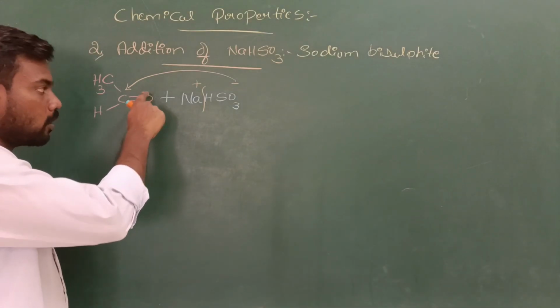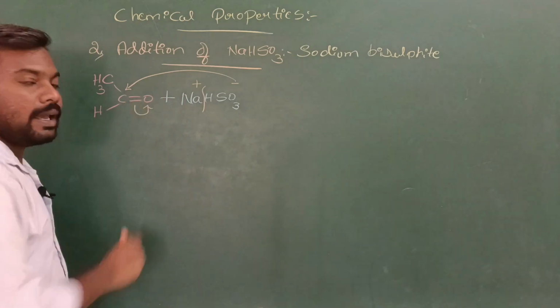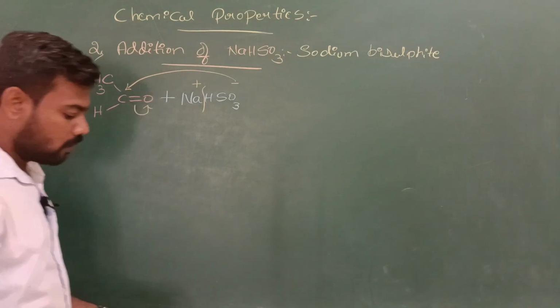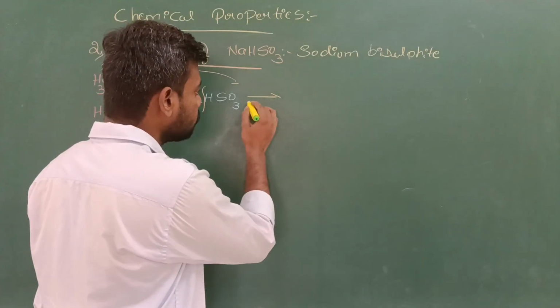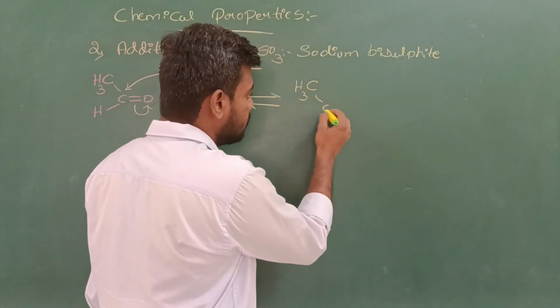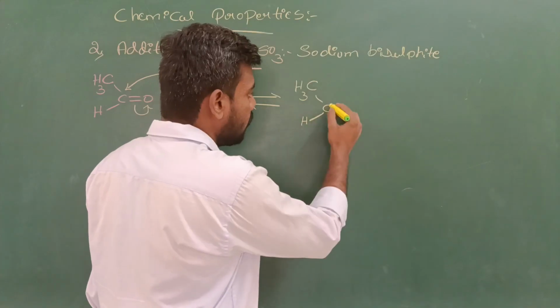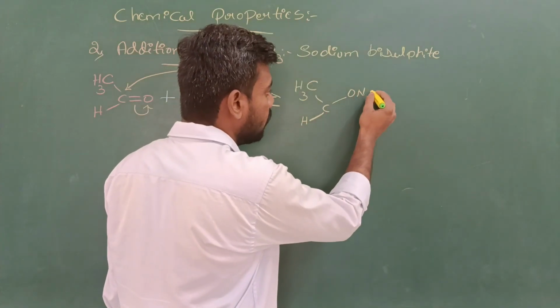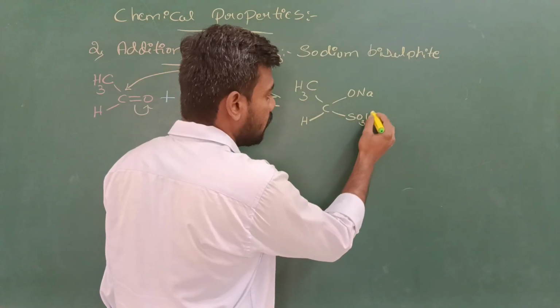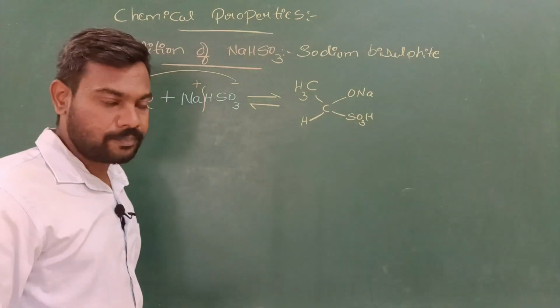This oxide ion will be attracted by a sodium ion, that is Na+, to form a compound, that is CH3CH(ONa)SO3H. Clear?